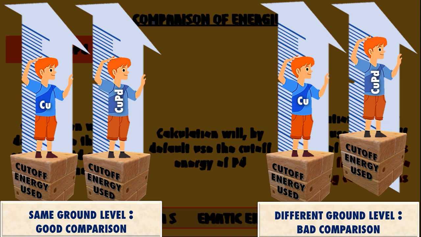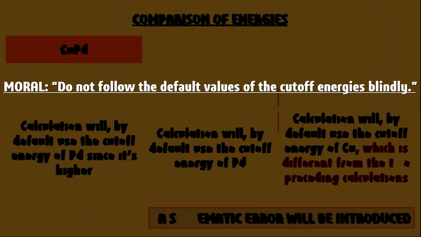If you are using different cutoff energies for different supercells, obviously they will give different results, so the comparison will get an error there. Then finally, the moral of the story is: do not follow the default values of the cutoff energies blindly.